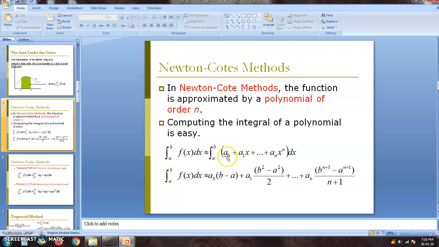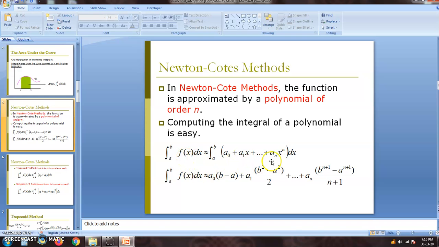When we fit a particular polynomial, we can get the function f of x as a0 plus a1x plus and so on up to an x raised to n, a polynomial of order n which is suitable for the data points.